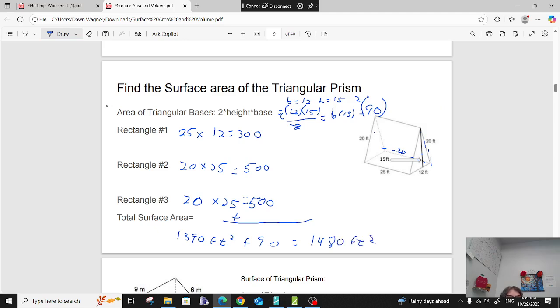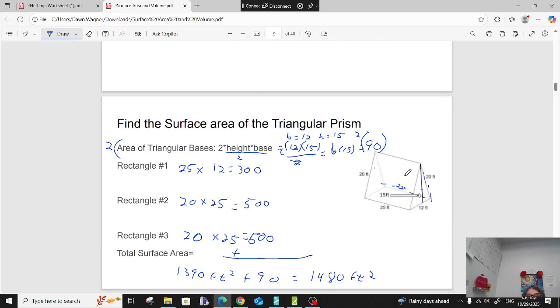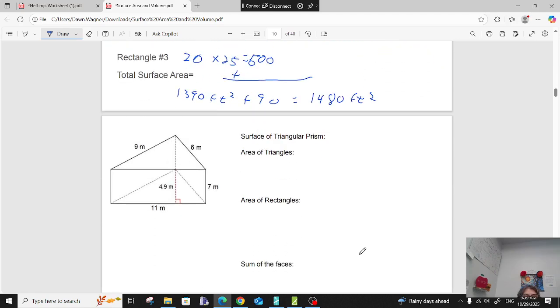Yeah, I should have had 2 here, and I had it here. There were 2 triangles, this one and this one. So right here, what is the area of the triangles? You have 2 of them. What's your height and base? And what's the base?